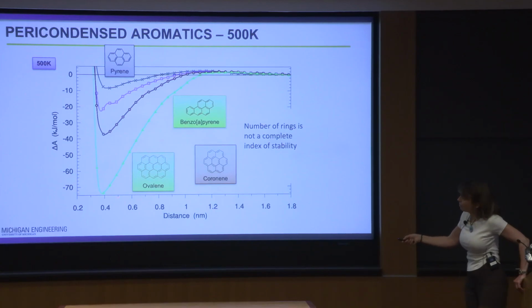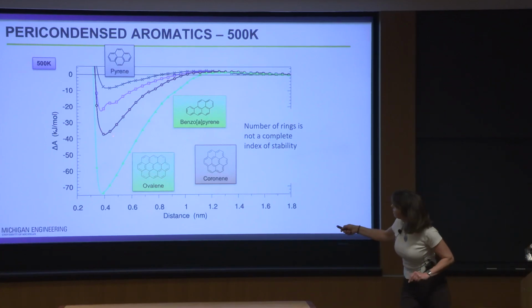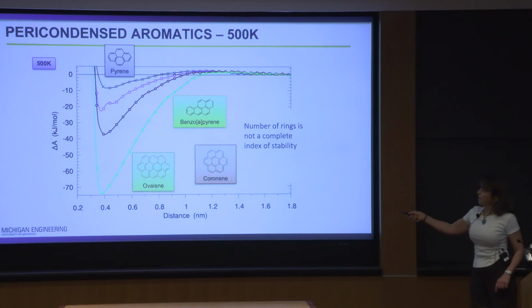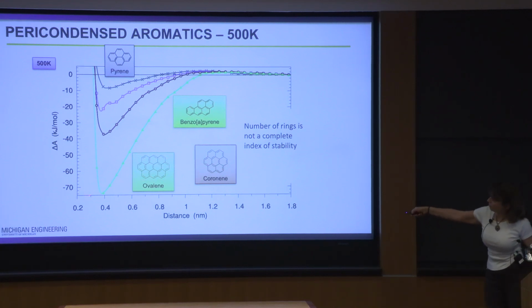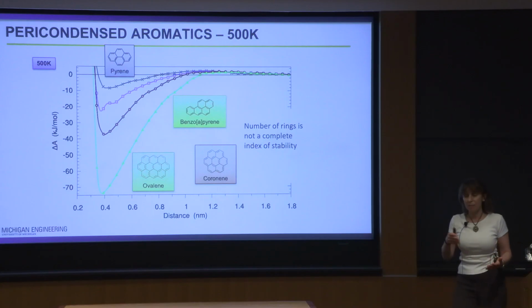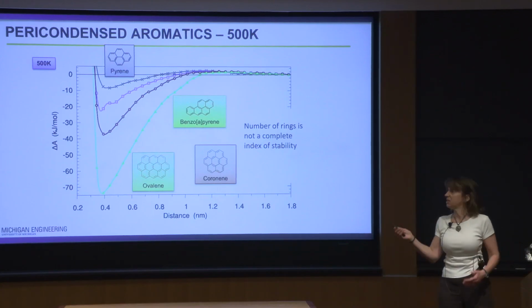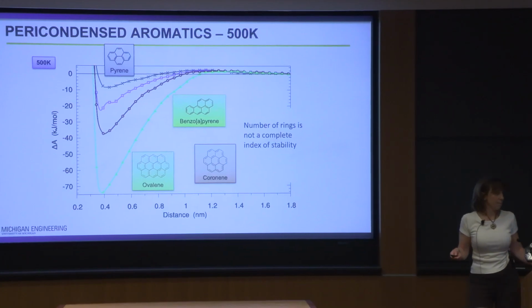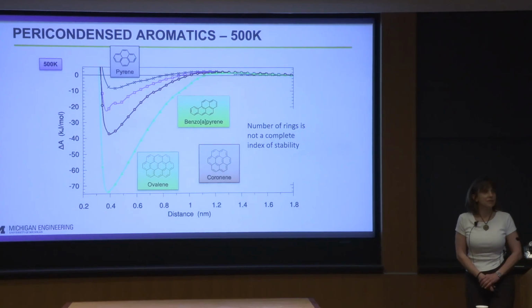And it is way more stable than this guy that was here. I don't know why the lines are not there. But this guy is the lowest curve here. Anyway, the number of rings is not a parameter that helps me tell, oh, this is the rate of dimerization in combustion, okay? I need something else. I'm so sorry.